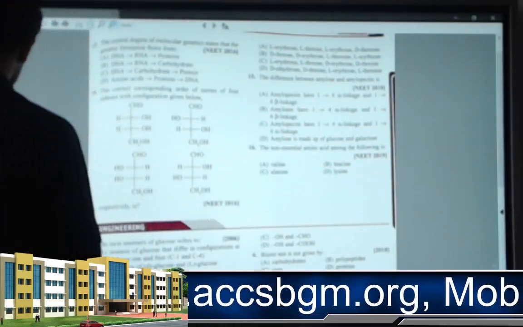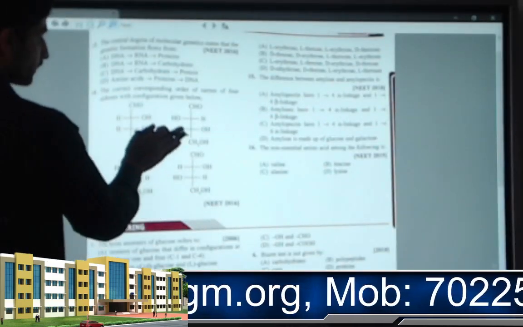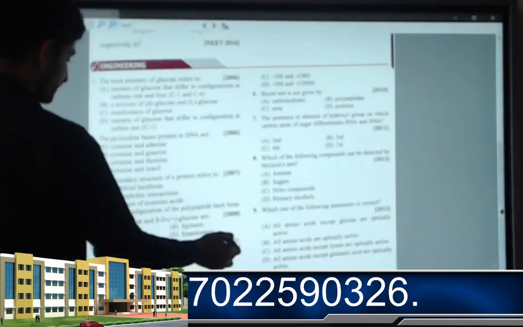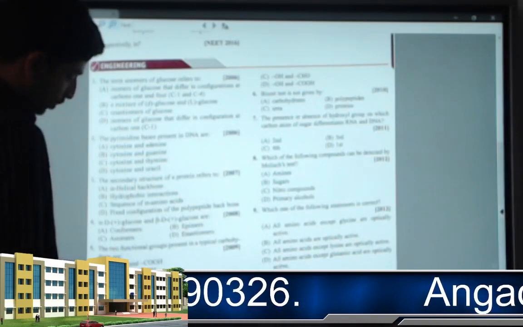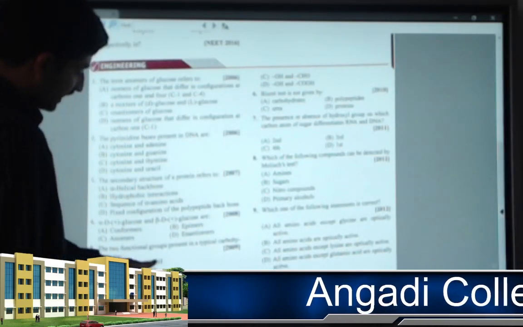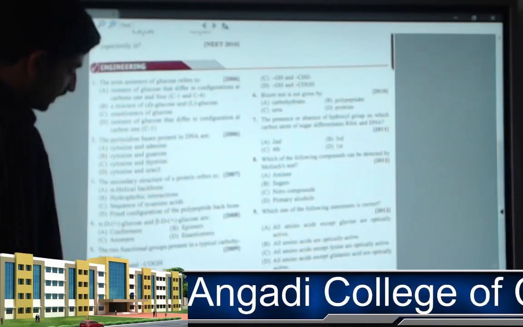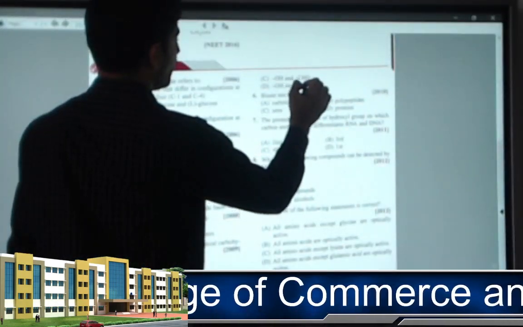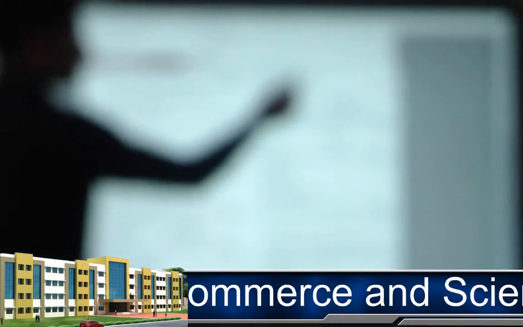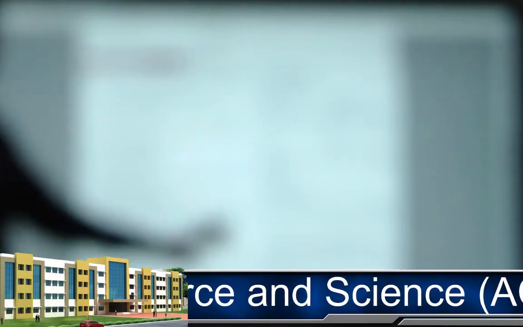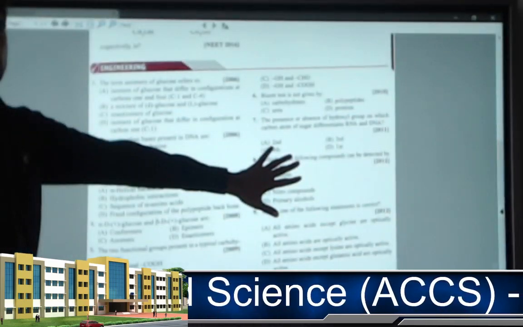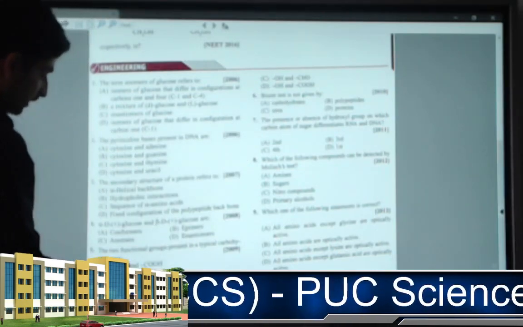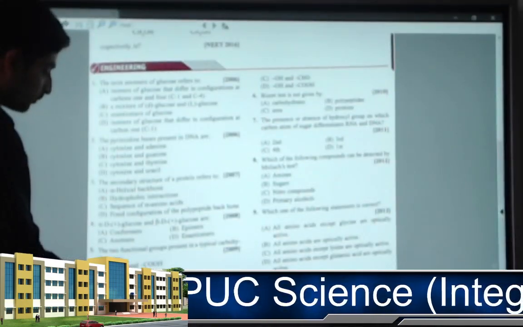For that reason, in case of the two functional groups that are present in carbohydrates, one is CHO, option A, and the other is OH. Option C would have been the answer: carbonyl and OH group.